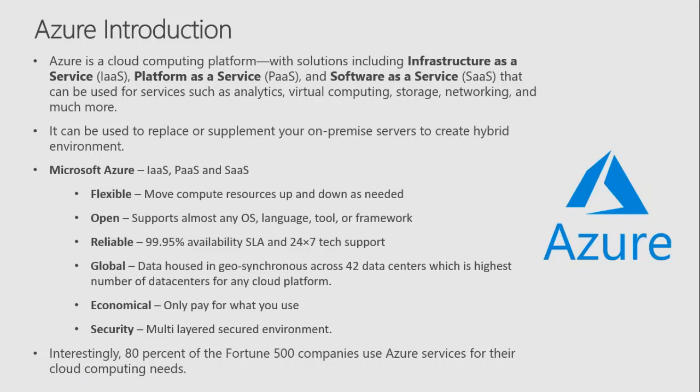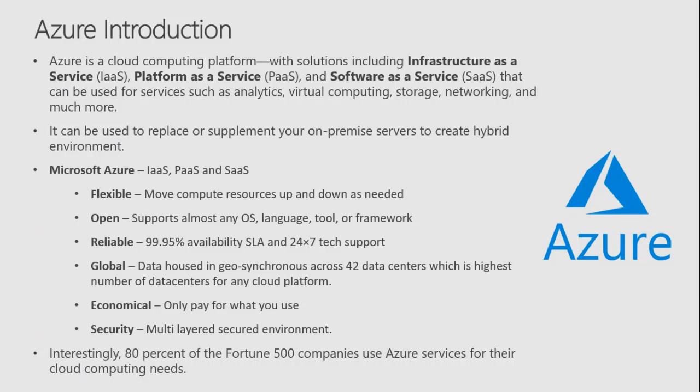The solutions offered by Azure are infrastructure as a service, platform as a service, and software as a service. These are the three solutions they offer. This can be used for analytics, virtual computing, storage, networking, and much more. These are only short descriptions, but we can elaborate more on Azure.